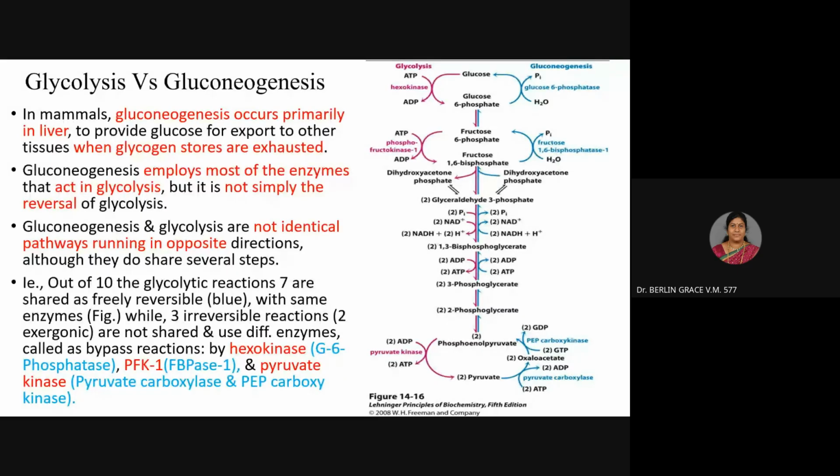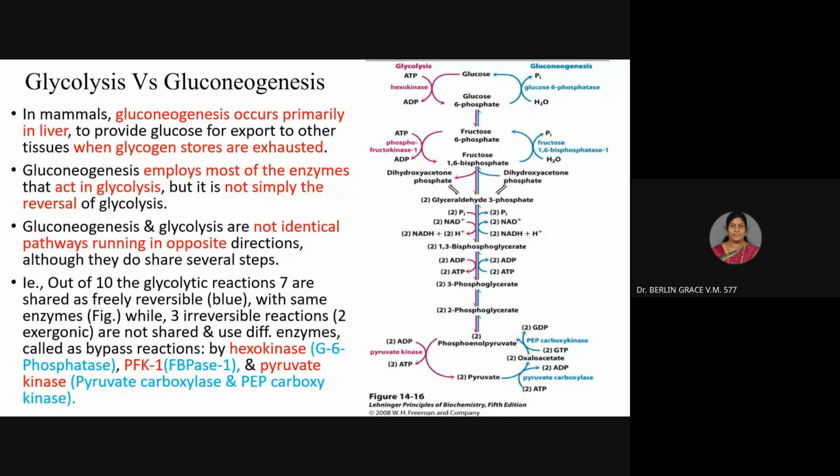In the first step, glycolysis is carried out by hexokinase, whereas gluconeogenesis is carried out by glucose-6-phosphatase. So you know that kinase will add the phosphate, whereas phosphatase will remove the phosphate. So it is just a reversal of it, but carried out by another enzyme.